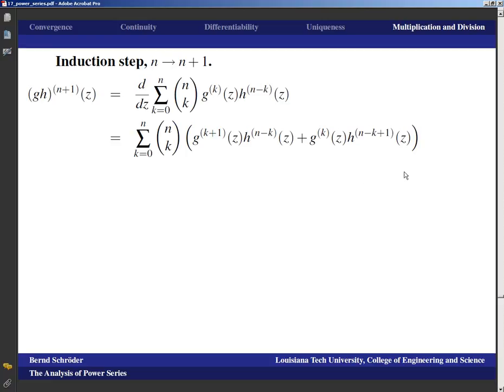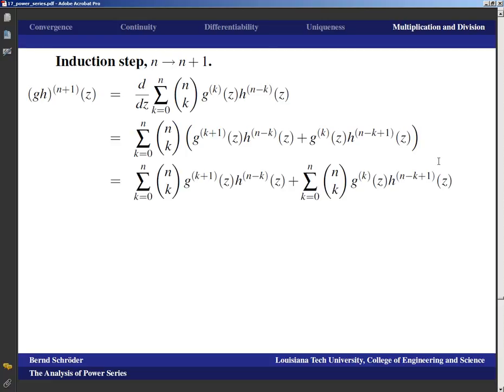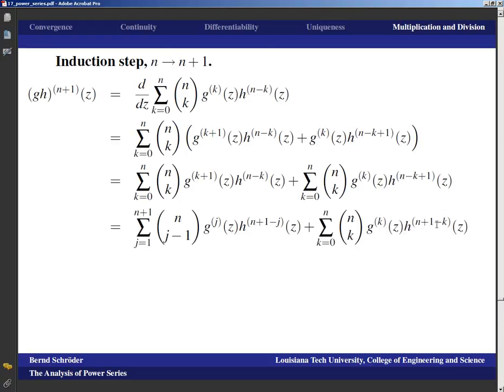Now we just have to shift indices to make things work out. So first of all, we break this up into two sums. There's the sum that uses this first term, which is right here, and then there is the sum that uses this second term, which of course is right here, and other than that nothing has changed. And now we shift indices.